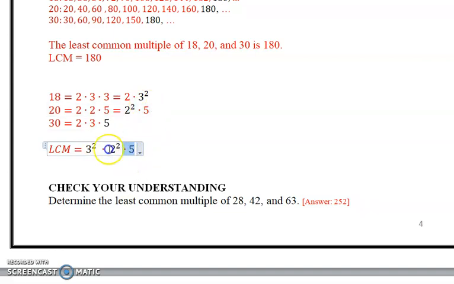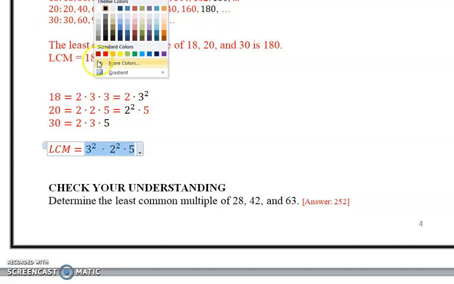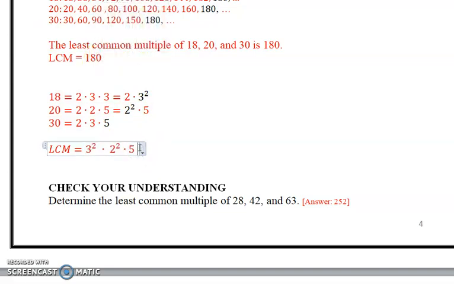So the ones that we have above, I highlighted in black: 3 squared, 2 squared, and 5. And then when you multiply those out, that gives you 9 times 4 times 5, which is equal to 180.